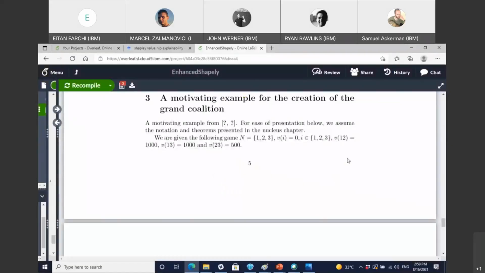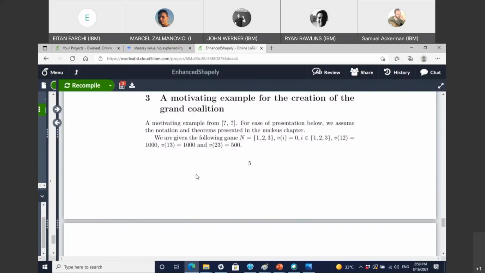So, as I said before, recently the Shapley value has been used in machine learning to understand how machine learning models are reaching a decision.